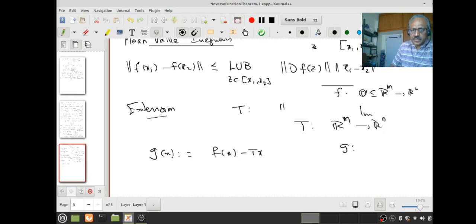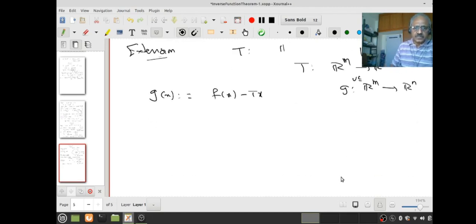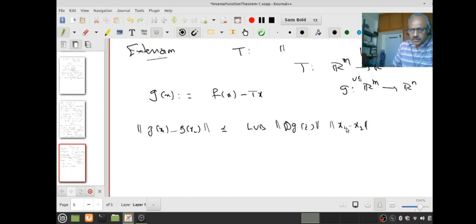Therefore G is a map from U in R^m to R^n. Now let's apply the same mean value inequality for this. The norm of G(x1) minus G(x2) should be less than or equal to the LUB of the norm of the derivative of G at z, times the norm of x1 minus x2, where z varies over the line segment x1 x2.